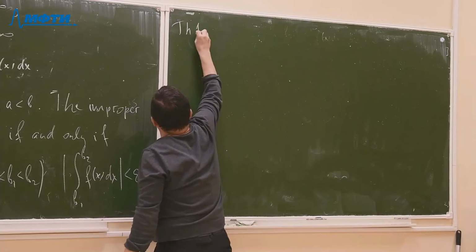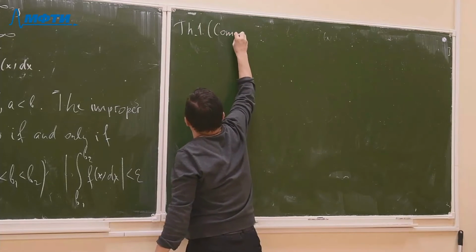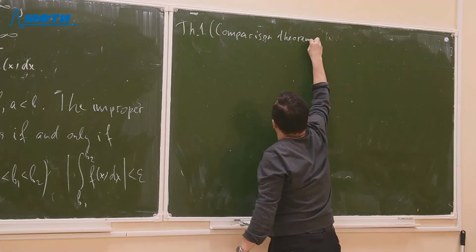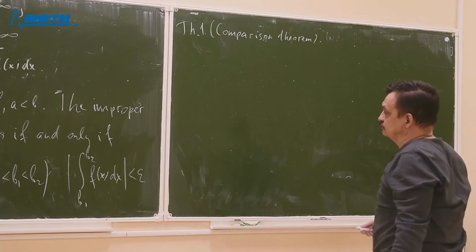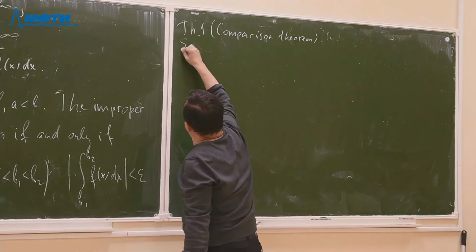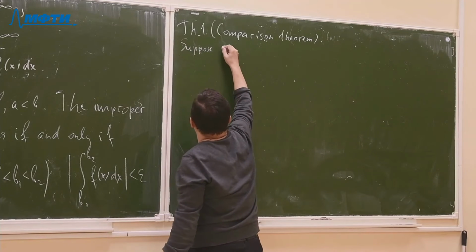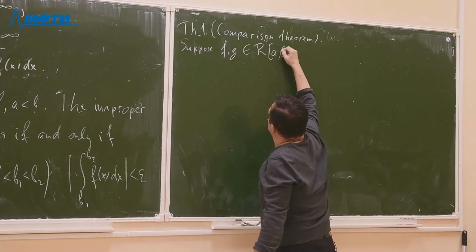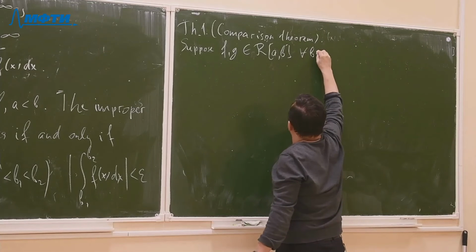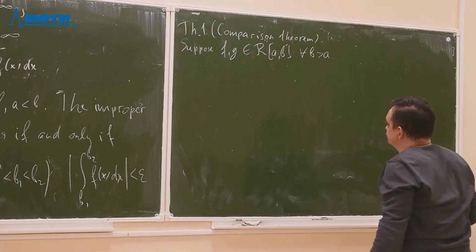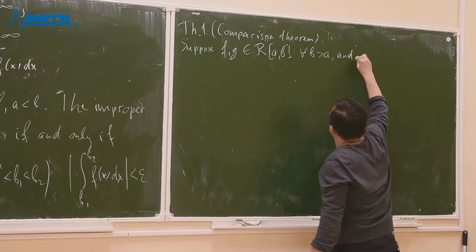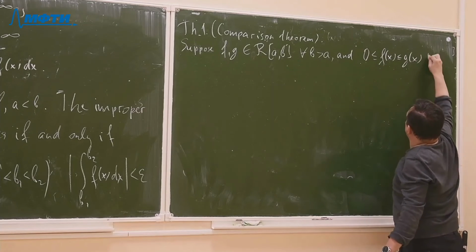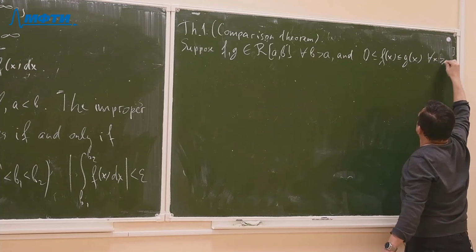Theorem 1, comparison theorem. Suppose f and g are integrable over the interval [a, b] for all b greater than a, and 0 less or equal f of x less or equal g of x for all x greater or equal than a.